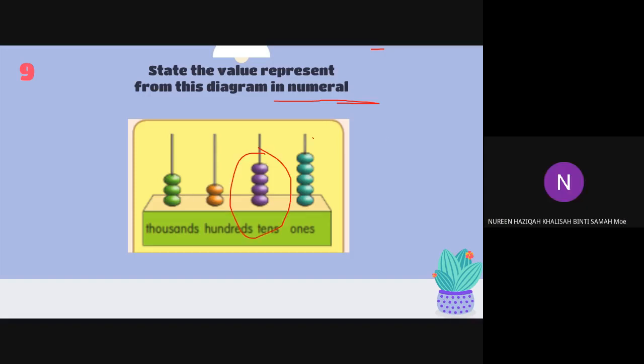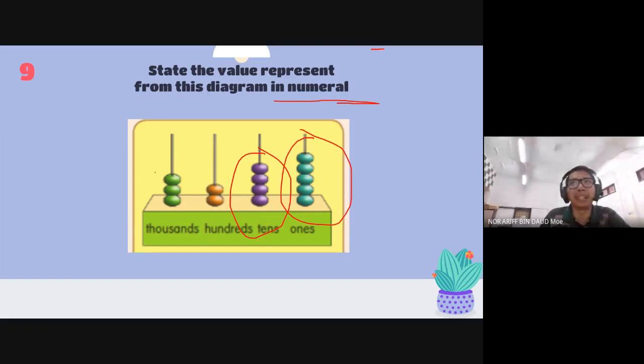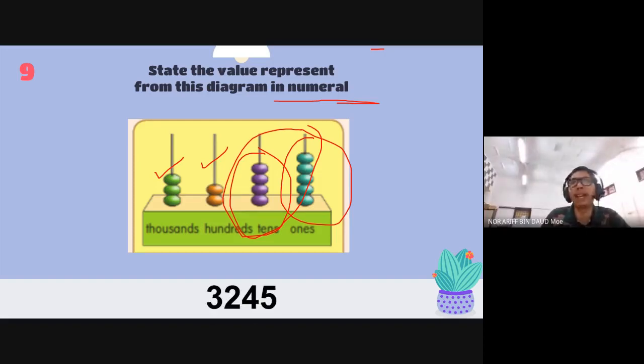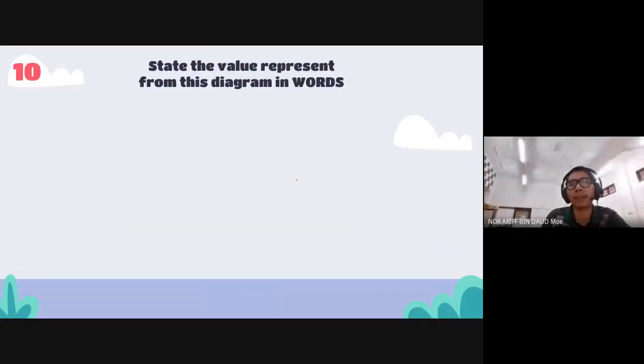This one. 3,200. Ni berapa dua-dua ni? 45. Yeah, 45. 3,245. Okay. State the value represent for this diagram in words.